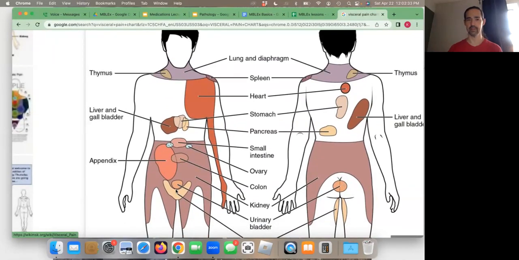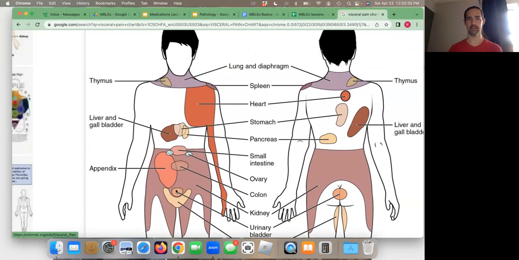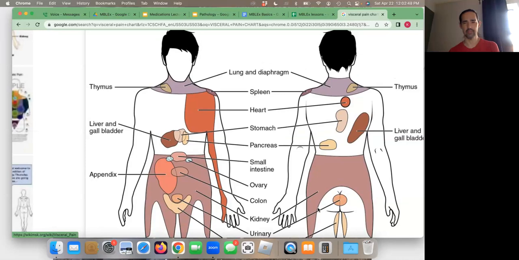They also omitted the penis and the genitals. You will see people with penis pain or testicular pain and uterine pain, uterine fibroids. That should be on this chart.